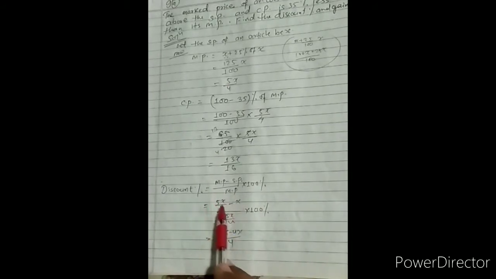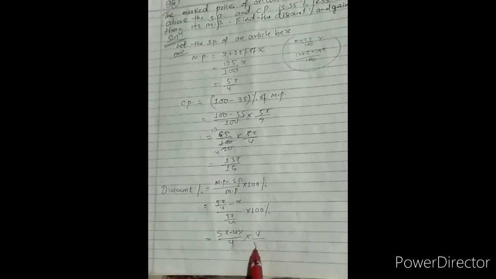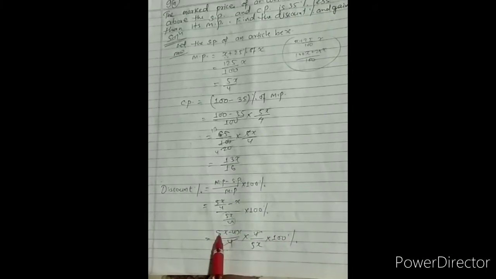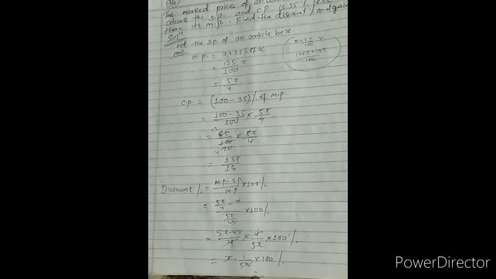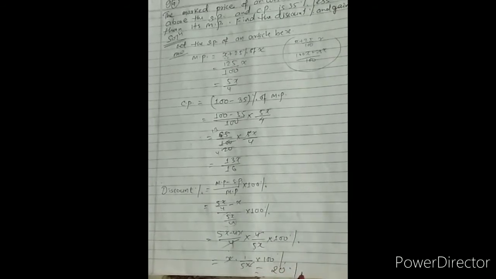This 4 and this 4 can be cancelled. 5x minus 4x is 1x, into 1 by 5x into 100. x and x cancel. 5 how many times to get 100? 5 20s, so 20%.